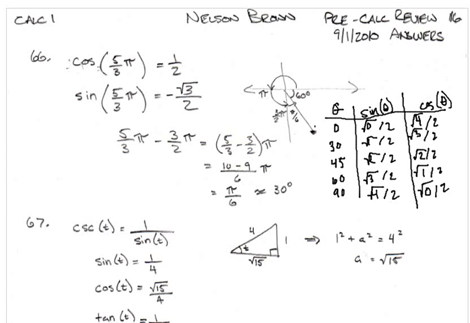So these are actually, when you evaluate them, equal to the values of sine and cosine for different values of theta. And it's a nice little mechanism for remembering that the sine and cosine of theta for theta equal to 45 degrees is equal to square root 2 over 2. And that the sine of 90 degrees is square root of 4 over 2, which is 2 over 2, which is 1.